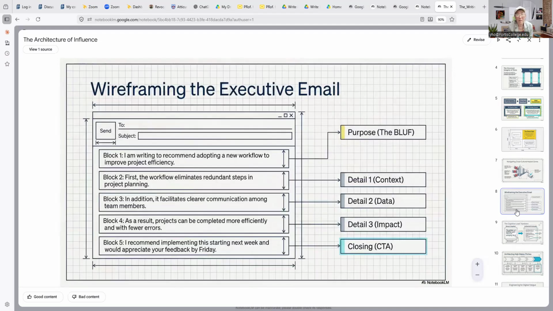Wireframing the executive email. This is how you would write an email. You always write the main idea or the thesis statement first. In other words, what is the purpose of your email? That should be your title. So, late delivery for package, for instance, could be your title.